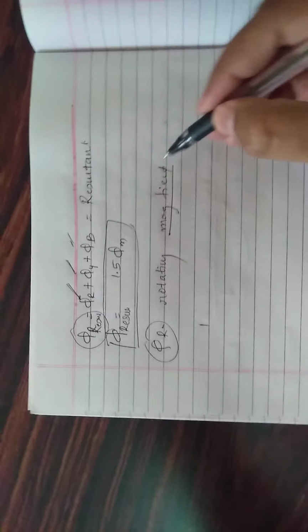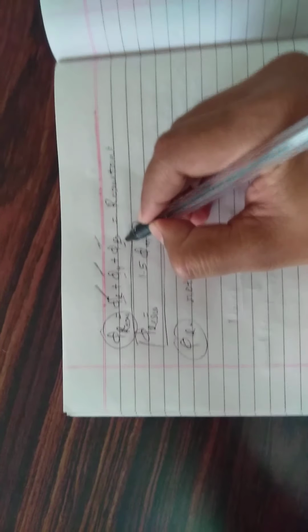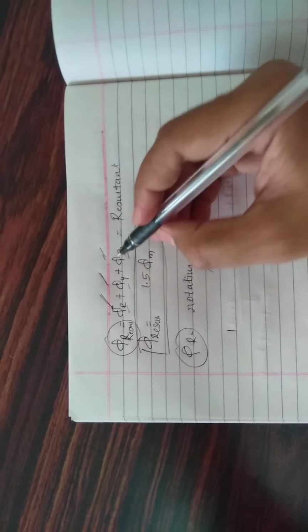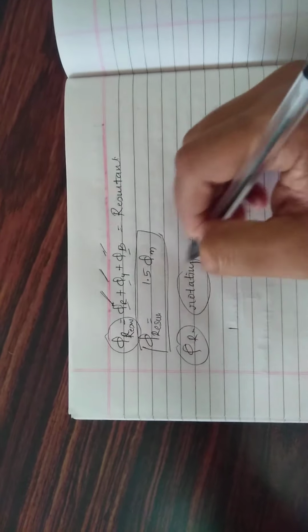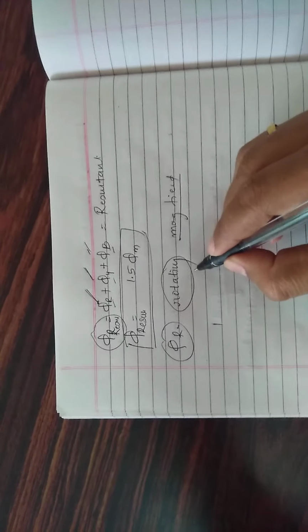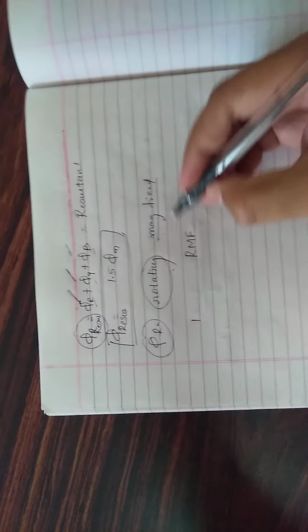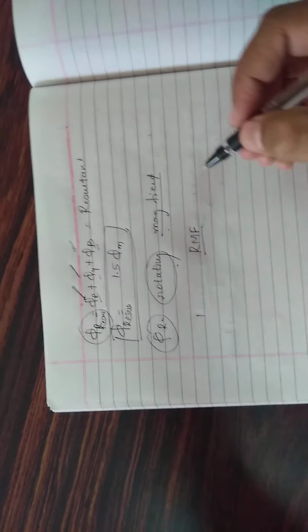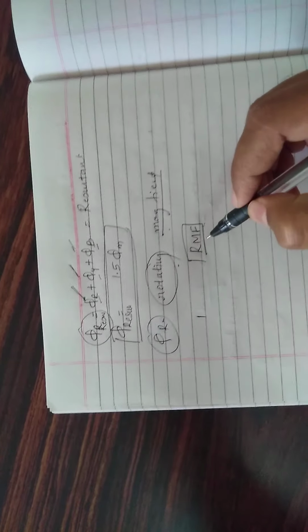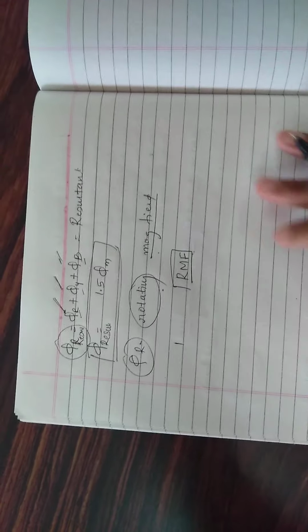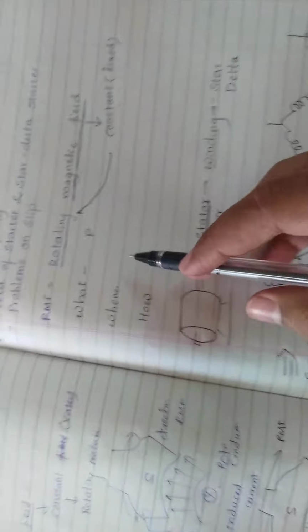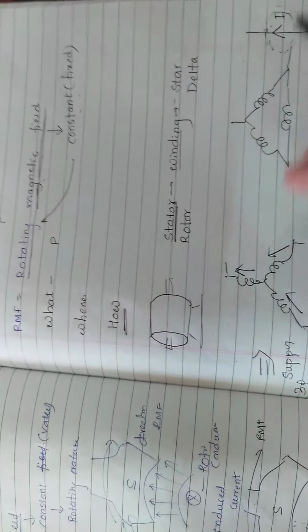The magnetic field produced by all three windings creates the resultant flux, which is rotating in nature, so RMF will be generated. This is the concept of RMF: what RMF is and how to produce it. This part we have studied now.